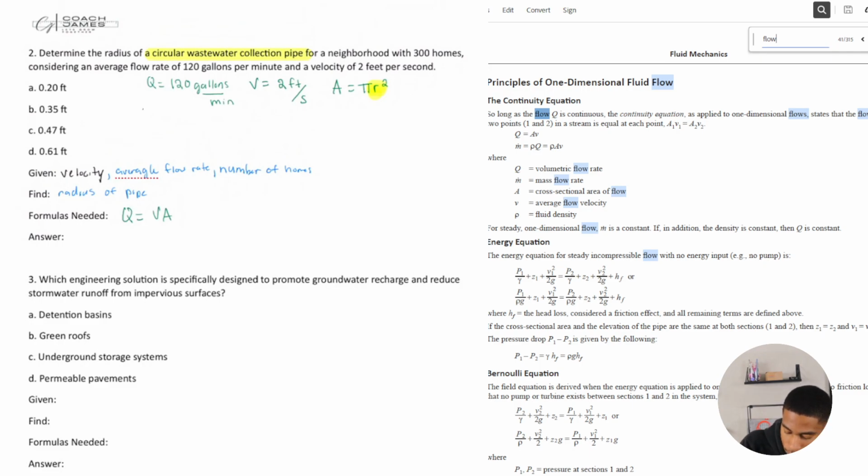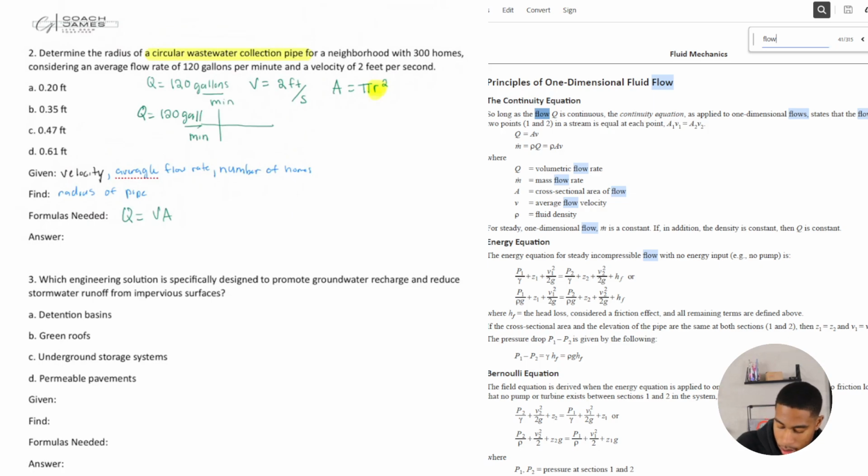So let's transform Q to equal 120 gallons per minute. What do I need to do to get this to seconds and to feet? If you didn't know you could transform gallons into feet, then I'm glad you're watching this video.